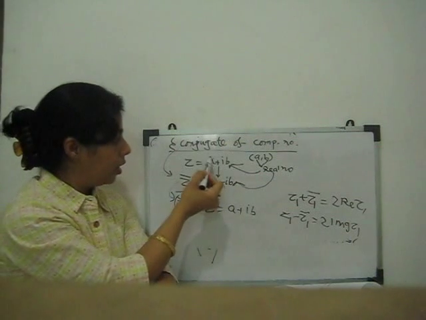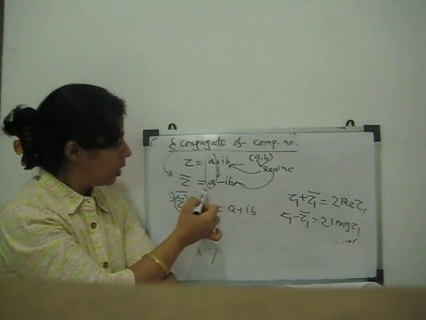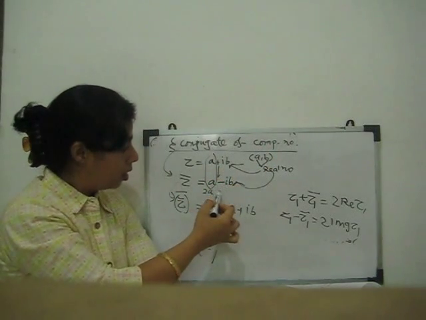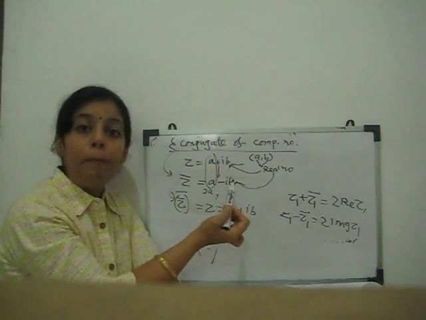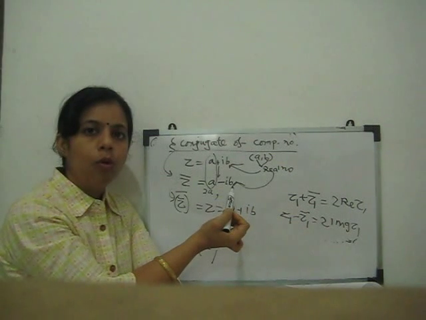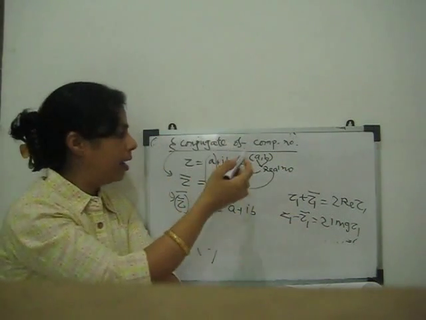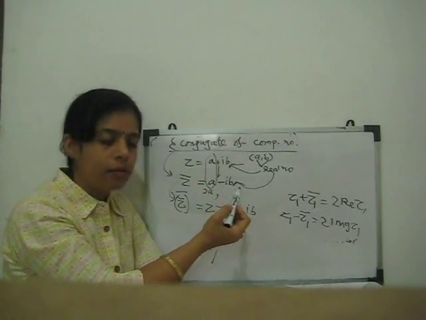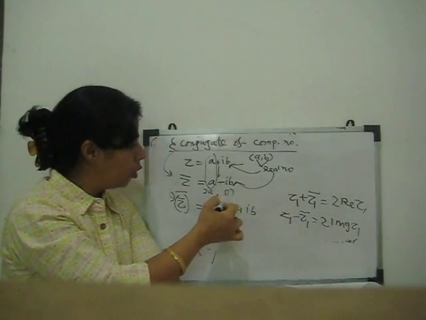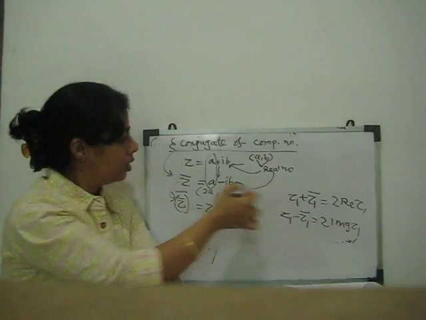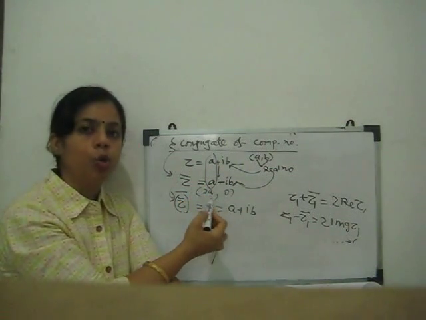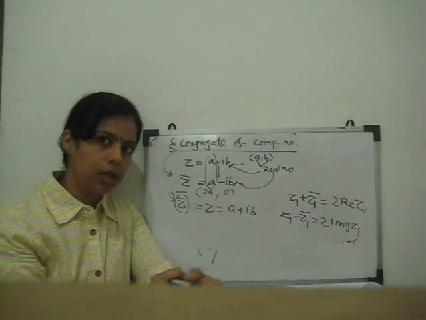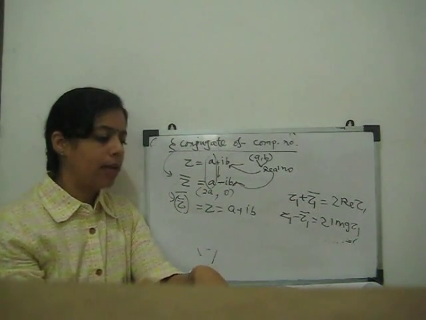Add real with real, a plus a is 2a, then b and minus b, because we consider the negative here. So b minus b gives 0. So the new number is (2a, 0), which is 2 times the real part of z1. So you can prove this very easily.